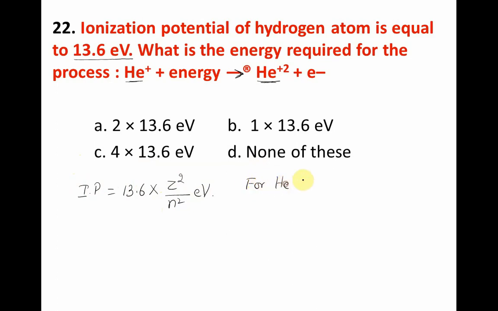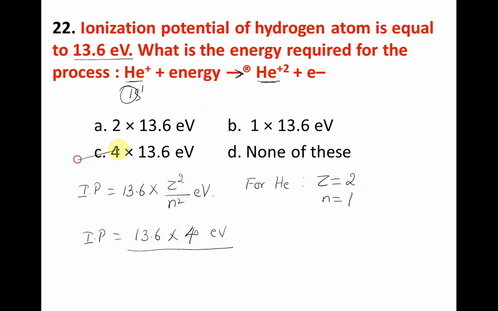For helium, Z is always equal to how much? 2, and it is 1s1, so what is the value of n? n is equal to 1. Therefore ionization potential is equal to 13.6 into Z square, 4, electron volt.